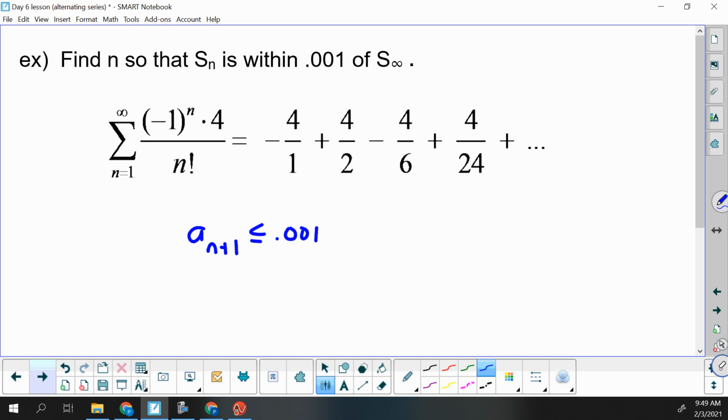So what we're going to do, remember we ignore the negatives, we really want to know when is 4 over the quantity n plus 1 factorial going to be less than or equal to 0.001. This will tell us the value of n whose next term is less than or equal to 0.001. And all we're going to do is graph this on the calculator in a graphs page.